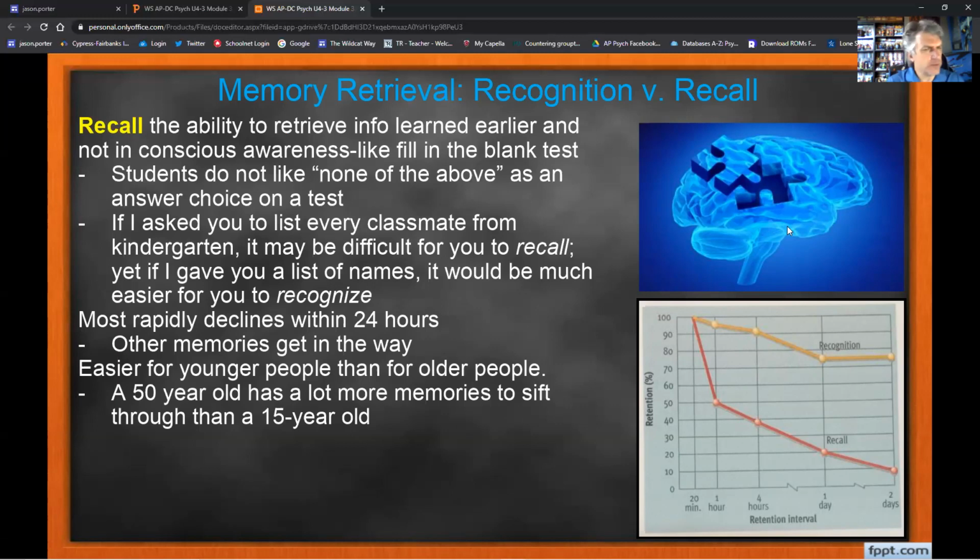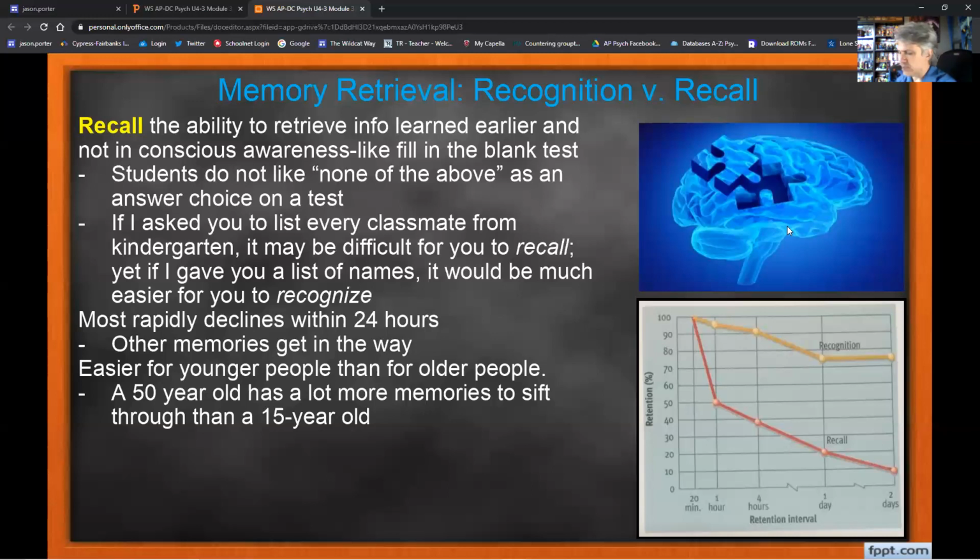The younger you are, the better your recall is. You being 15, 16, 17, 18 years of age, your recall is going to be better because when you sift through your memories, you only have about 10, 12 years to go through. Me being 52 years of age, I've got 40-plus years of memories that I have to sift through. So recall is a lot harder for me.